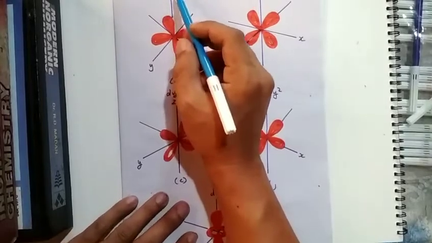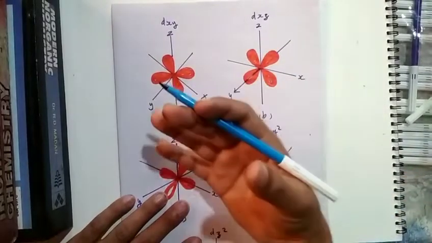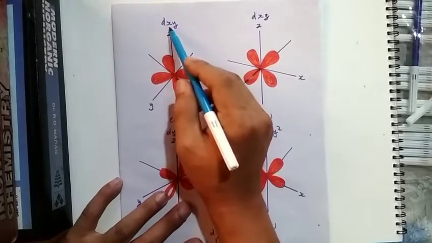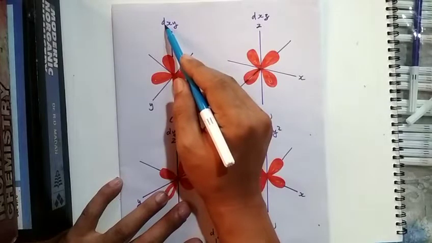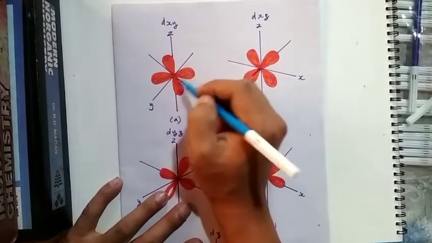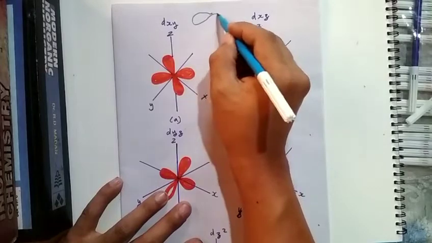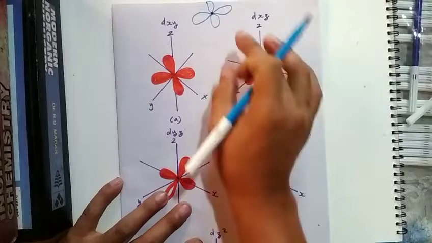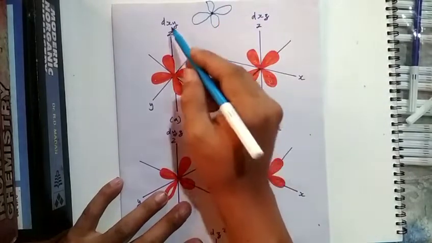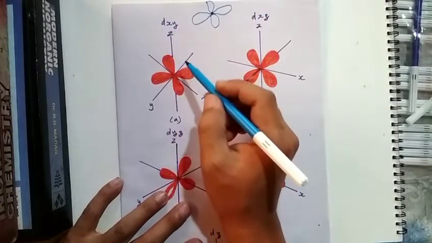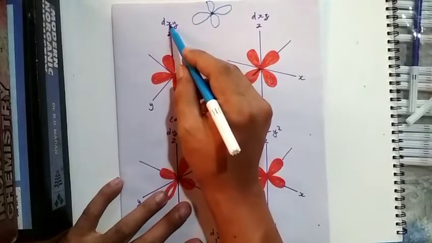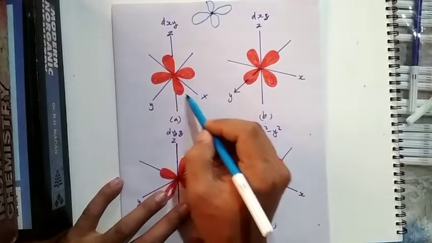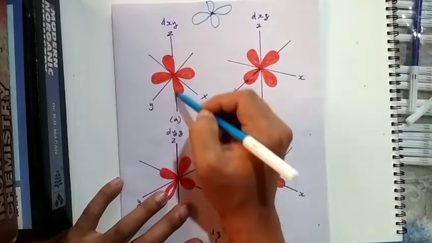For dxy, it's a bit different from the p orbitals. The lobes are double dumbbell, meaning 2 dumbbells are there, so they will point in between the x and y axis and along z.